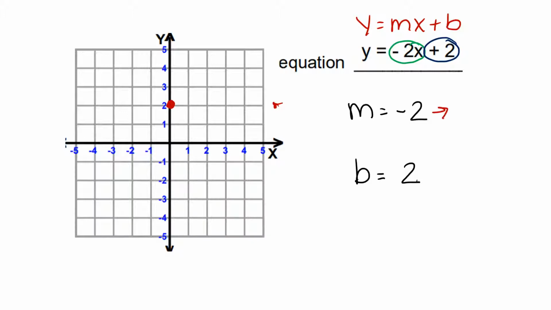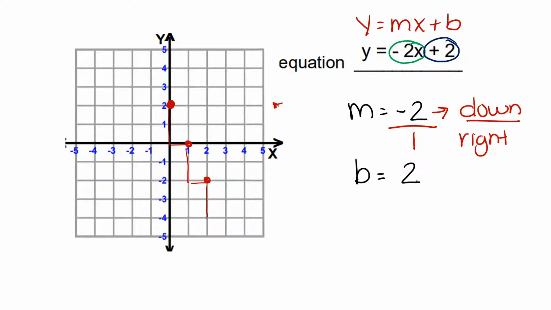The m value is a negative 2. Negative tells us down. And remember, we always go to the right. Now this is not a fraction, so we have to write the fraction. In math, when nothing is written, it is an understood 1. So starting at our positive 2, we go down 2 and over 1.